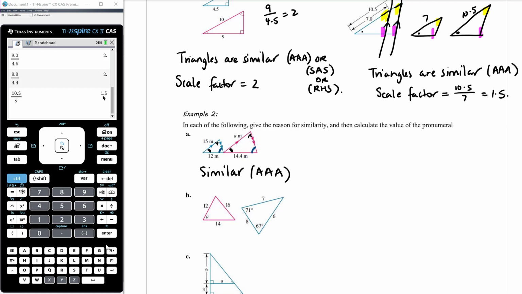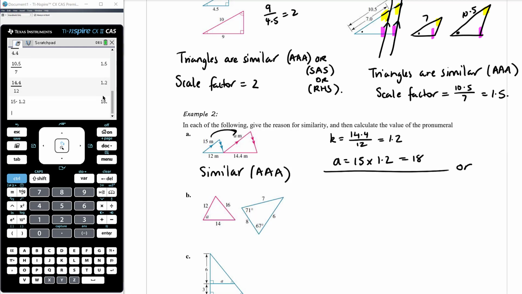And so now that they are similar, we can use the fact that their side lengths are in the same ratio. So we can either work out the scale factor, and that's going to come from this. The scale factor will be 14.4 divided by 12, which I think is going to be 1.2. And then we're multiplying by 1.2 this way, so we know that A is going to be 15 times 1.2, which is 18.